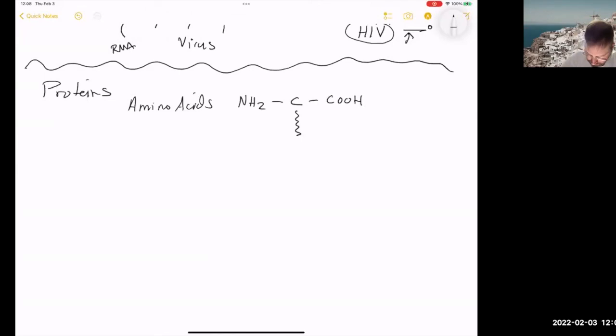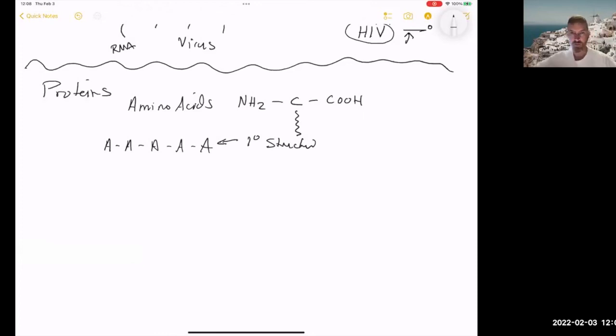And you can combine these amino acids and make long chains of what are called polypeptides, right? When you have an amino acid, an amino acid, an amino acid, you combine them and you create this long chain, this polypeptide, and that forms what we call the primary structure.